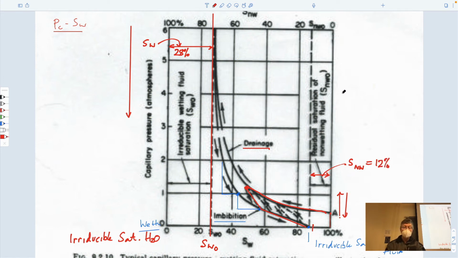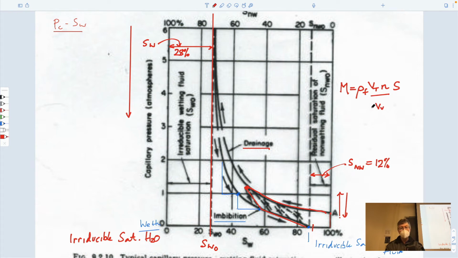And so the utility of this would be that the mass of the fluid is equal to the density of the fluid, the volume of the sample, the porosity, and the saturation. Right? So the volume of the sample times porosity would be the volume of the voids.